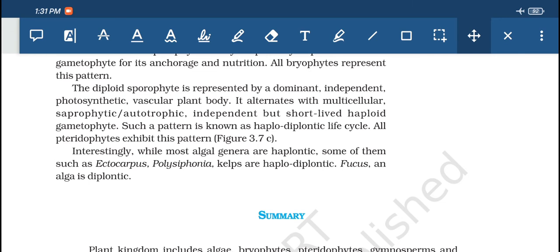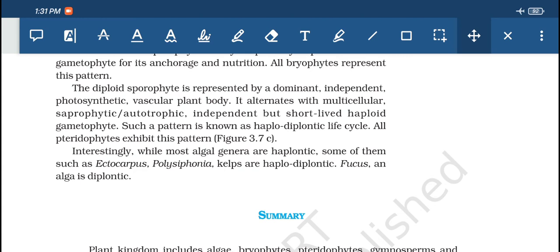They are dominant, independent, photosynthetic, and also vascular plants. It alternates with a multicellular saprophytic or autotrophic, independent but short-lived haploid gametophyte.